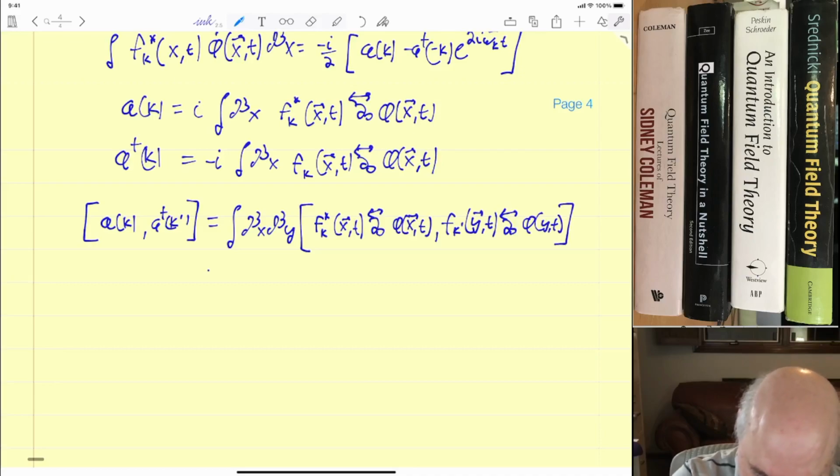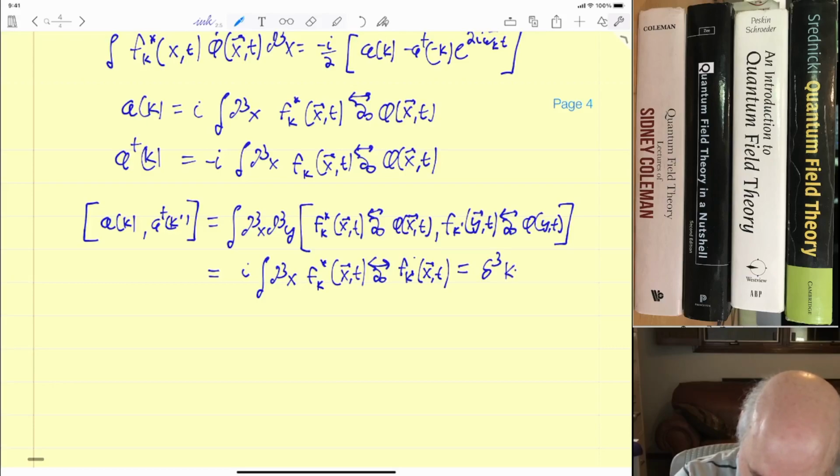So do a little crunching. Do it on a piece of paper. We'll get our usual commutation relations for the creation operators.